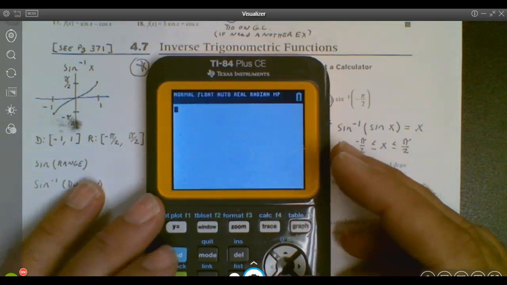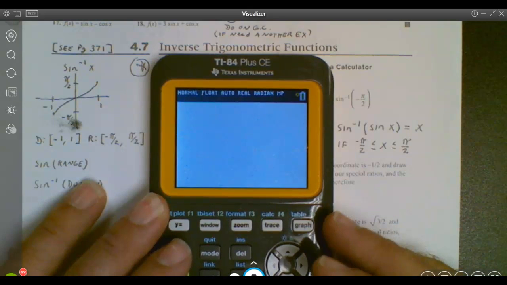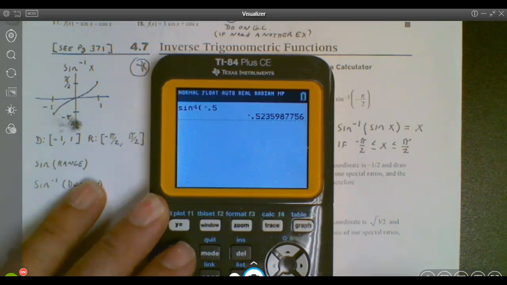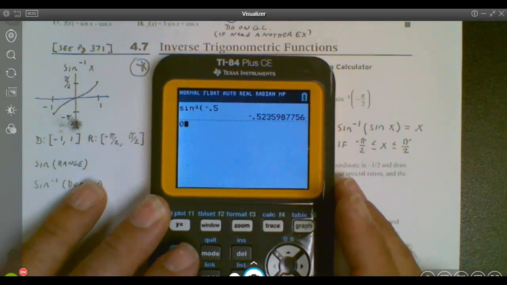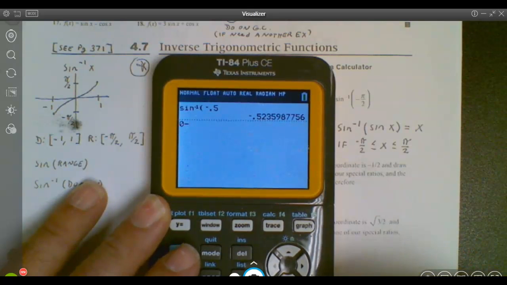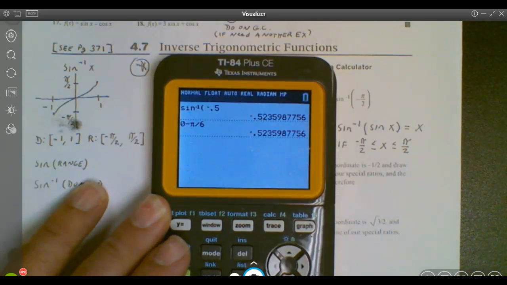So when I do the inverse sine of negative 1/2, this is the answer that it's giving me. Well, where are we getting that from? It's starting at 0, and it's subtracting out the reference angle of pi over 6 in order to get that answer.